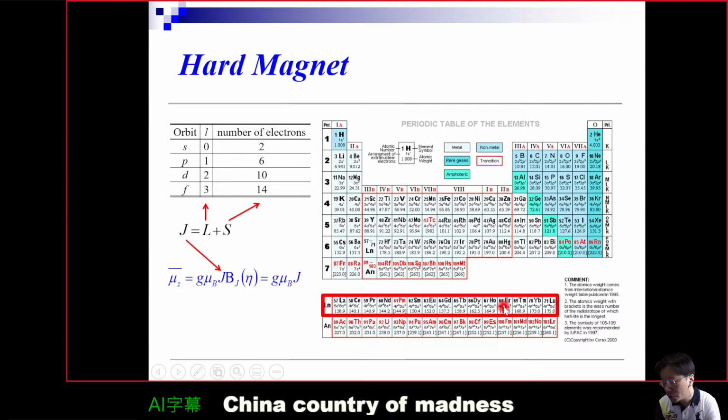I remember almost 7 or 10 years ago, China refused to export rare earth elements to Japan because Japan has a very strong industry in making motors.